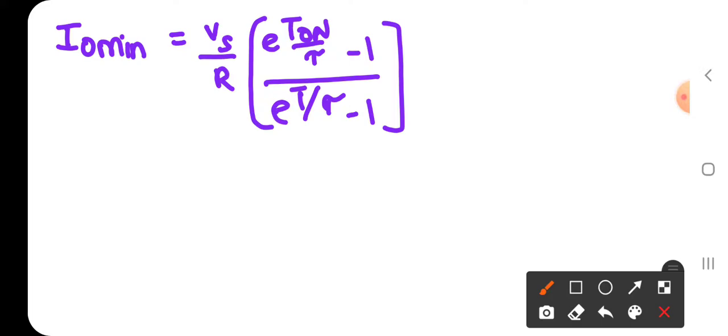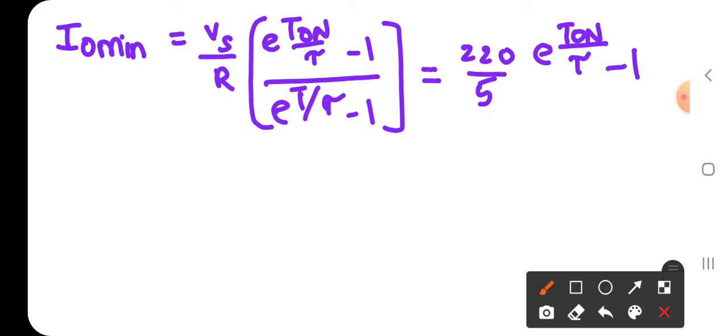So he has given Vs as 220, so 220 by 5 into e power T on by tau, T on we don't know, let it be as it is, we will substitute later, minus 1 over e power T by tau minus 1.